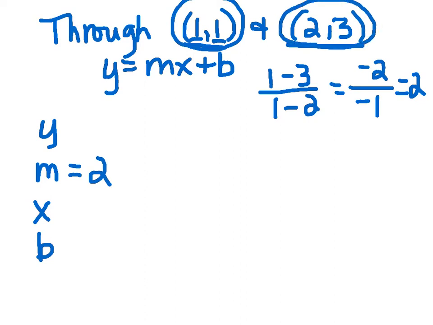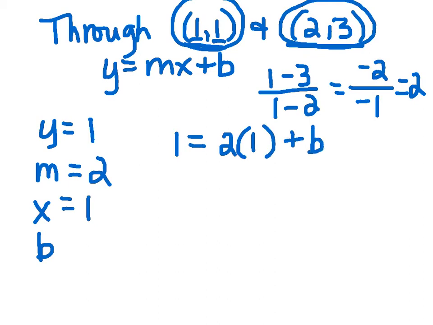And the easy answer to that is either one is going to give you the equation, so you should choose the numbers that are easiest. Nothing's easier than 1, so I'm just going to plug in 1 for each of these. So y is 1 equals mx plus b. We know that m is 2, so I'm just going to subtract 2, and that gives me negative 1 is b.